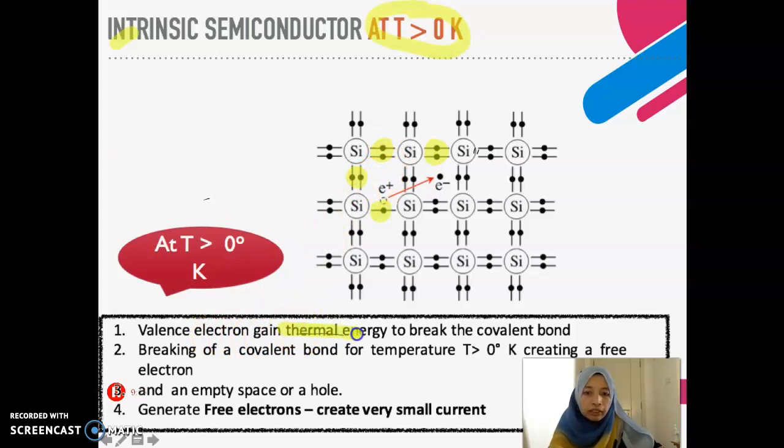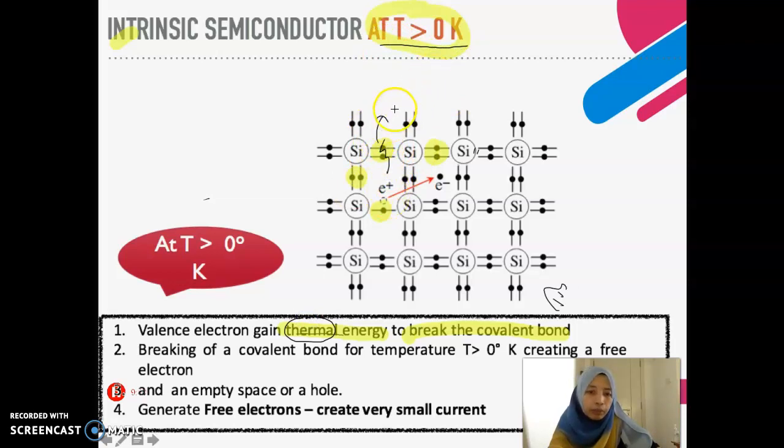What we call thermal energy. So this thermal energy is required to break the covalent bond. So what does that mean here? When you apply heat here, when there is a heat at the silicon here, your covalent bond will be broken. Why? Because you are going to gain thermal energy by heat the silicon. So it will going to be break.